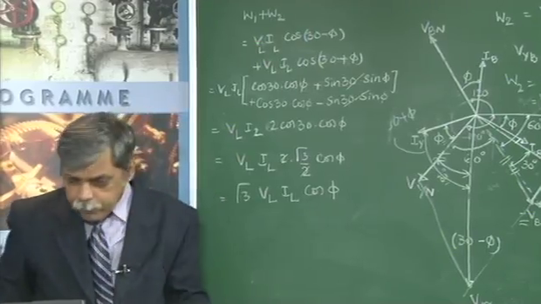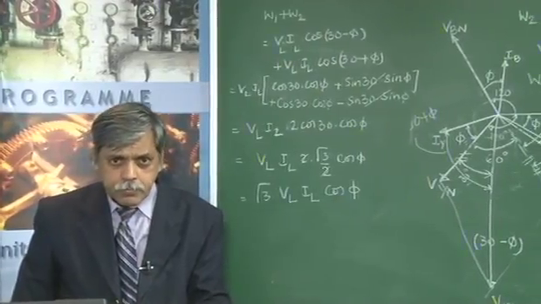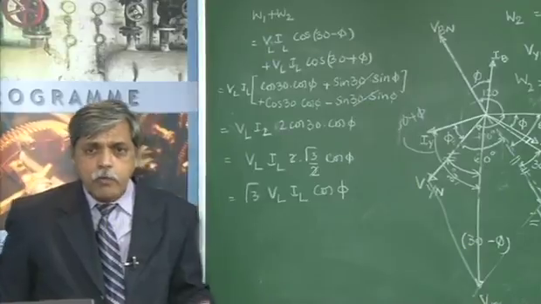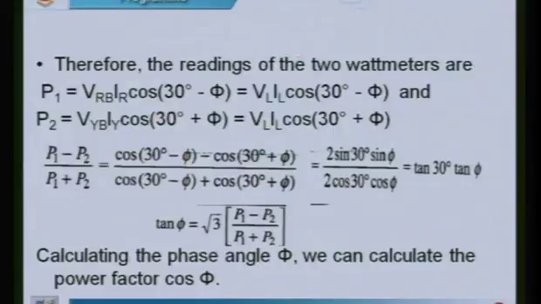Now let us see how to measure the power factor. In the slide, instead of W1 I have taken P1 as a wattmeter reading and P2 as the second wattmeter reading. It is just a reference, so you can use any notation.